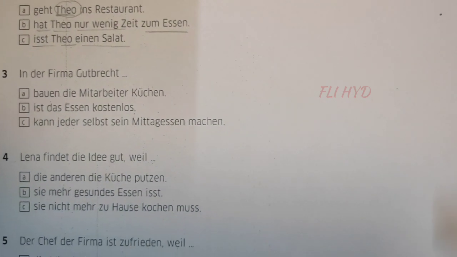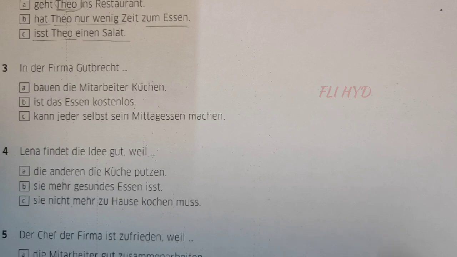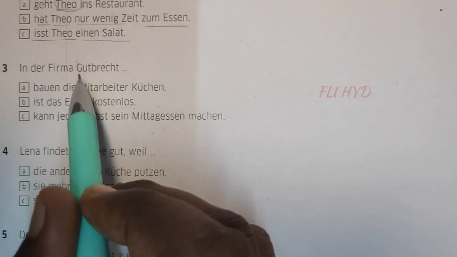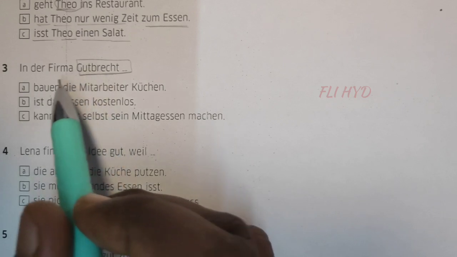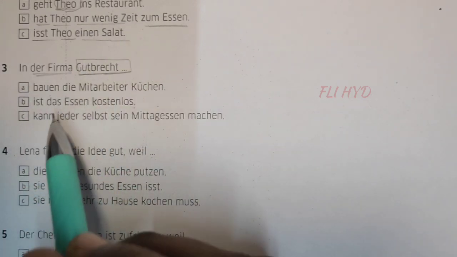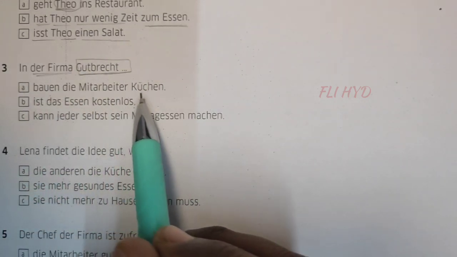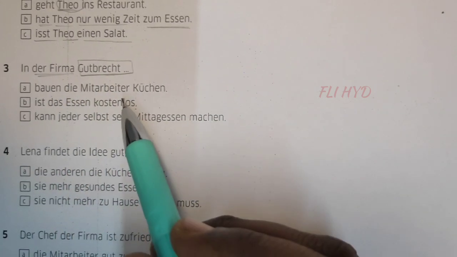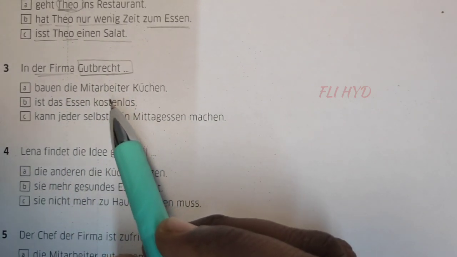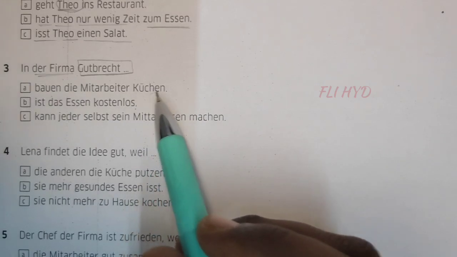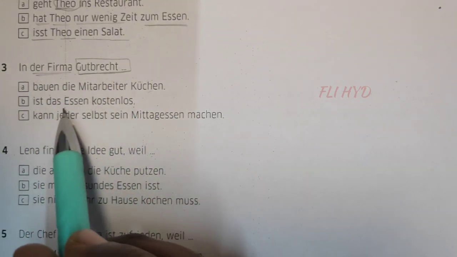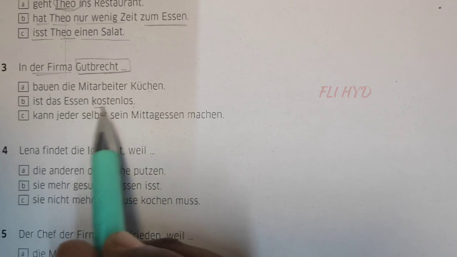Next one, in der Firma Goethe Brecht. This is the name of the company, Goethe Brecht. In that company, bauen die Mitarbeiter Küchen. Bauen, construct. The Mitarbeiter, the employees or staff, Küchen, kitchens. In der Firma Goethe Brecht ist das Essen kostenlos.